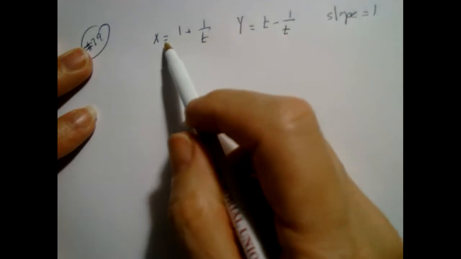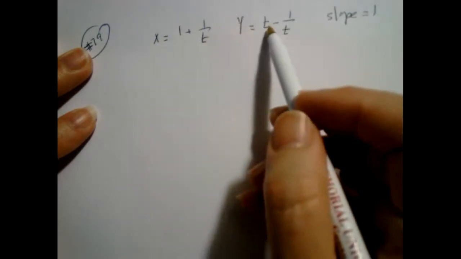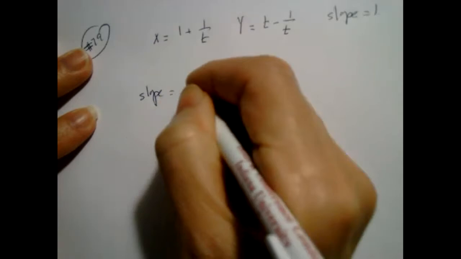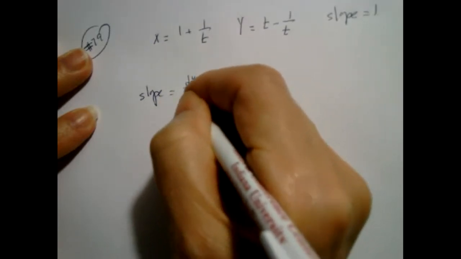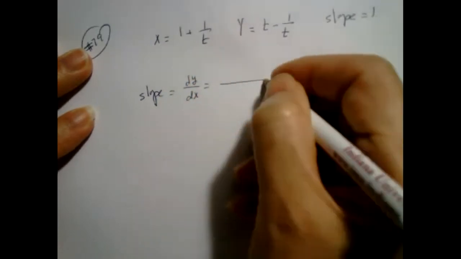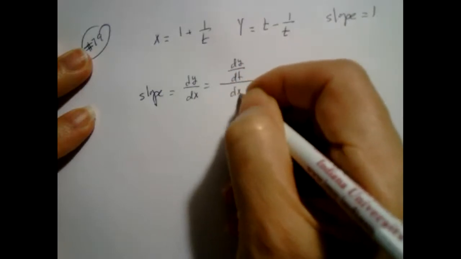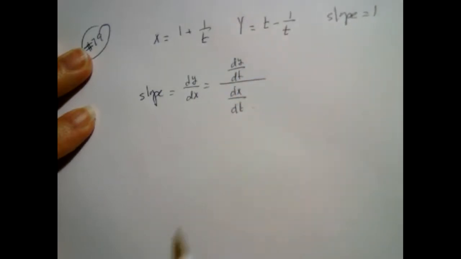The first thing is that since x is a function of t and y is a function of t, the slope here, which is basically dy/dx, is given by dy/dt over dx/dt.